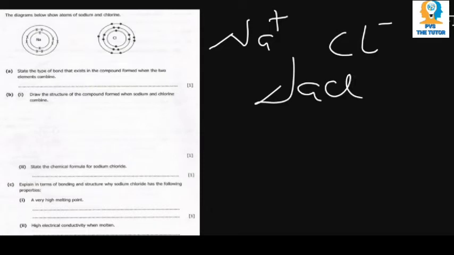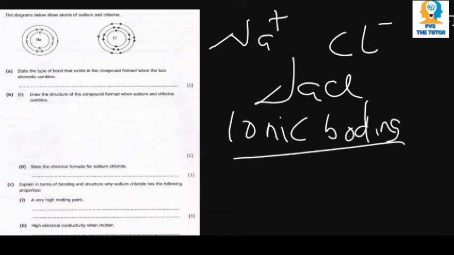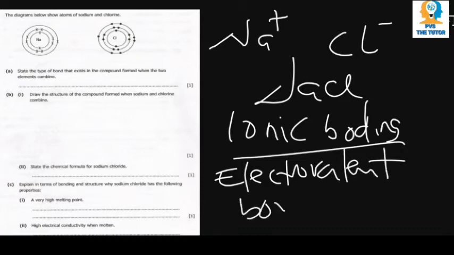This type of bonding is what you call ionic bonding, or you can call it electrovalent bonding. The type of bond that exists between electrovalent compounds is just ionic bonds or electrovalent bonds.